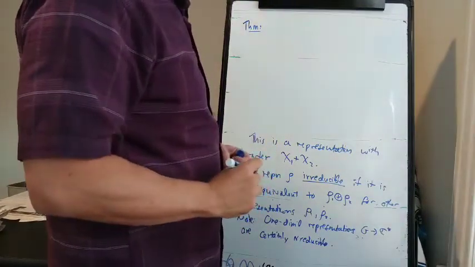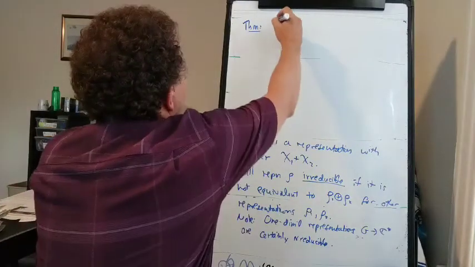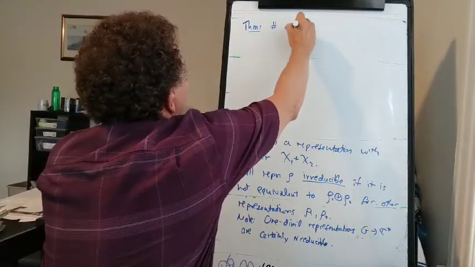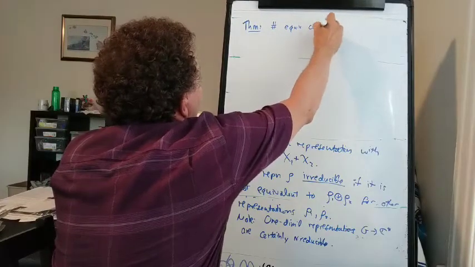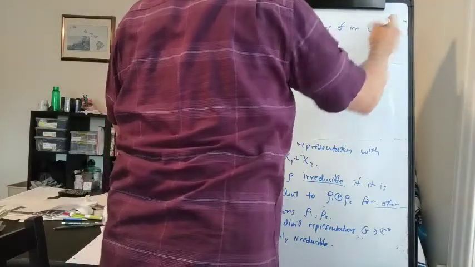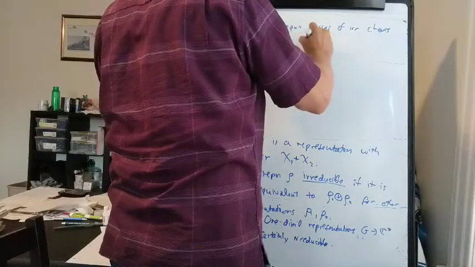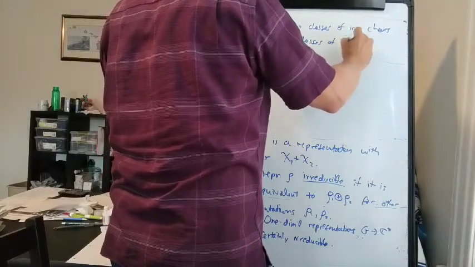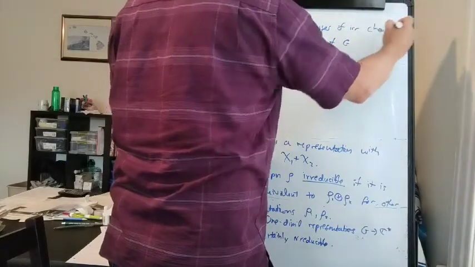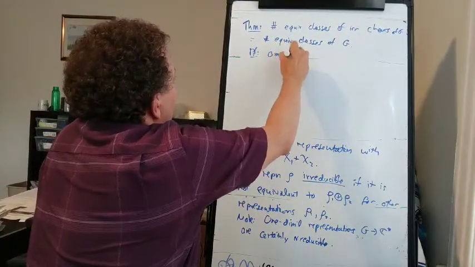So the number of equivalence classes of irreducible characters is equal to the number of conjugacy classes of G. So of course these are characters of G. I'm omitting the proof.